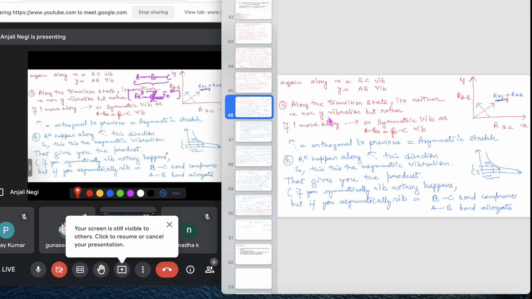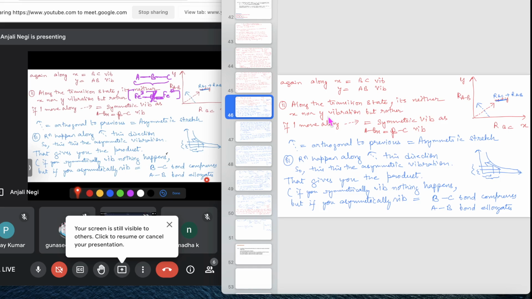If you vibrate symmetrically, nothing happens, but if you do the asymmetrical vibration, the BC bond will compress and the AB bond will elongate, and then only you will get the product, because one bond has to break and the other bond has to form in the transition state theory. Similarly, in the precursor complex, the metal and ligand bond is not breaking, but it has to change the bond length.